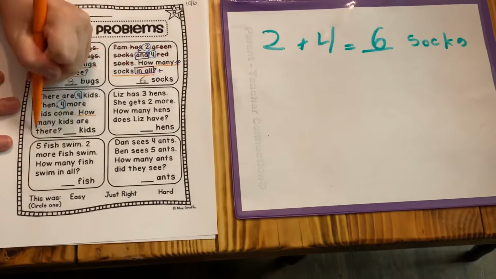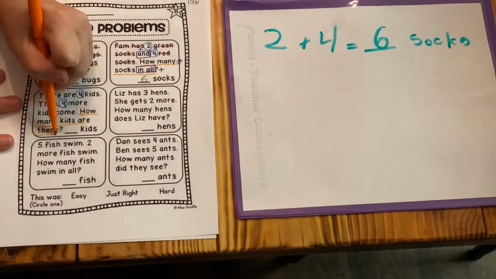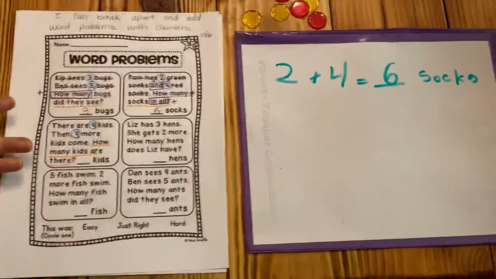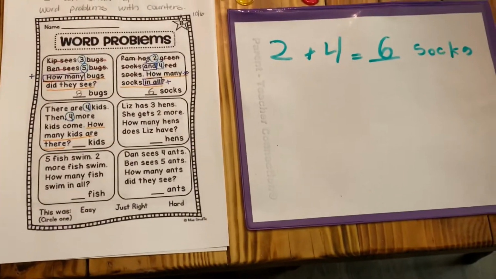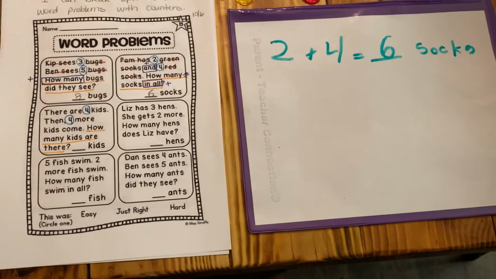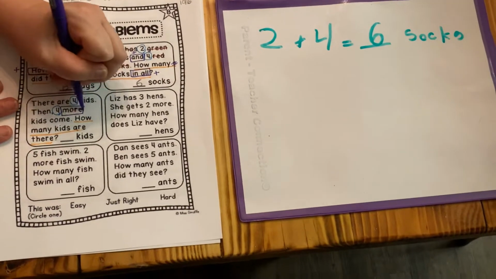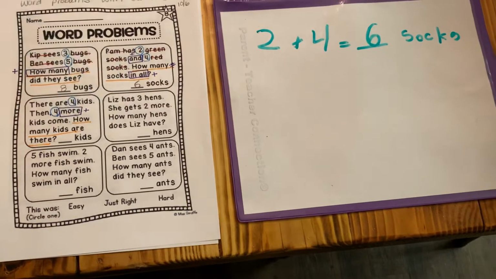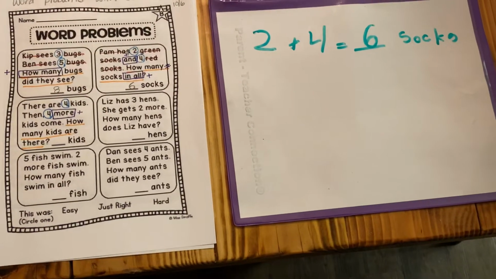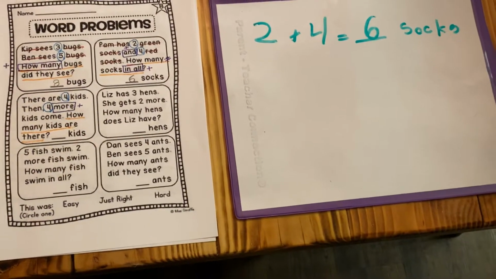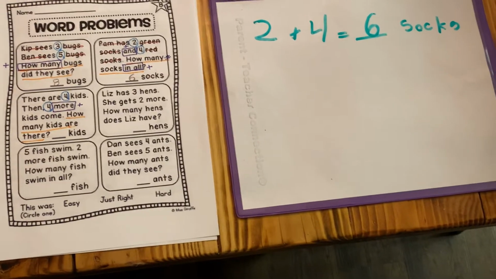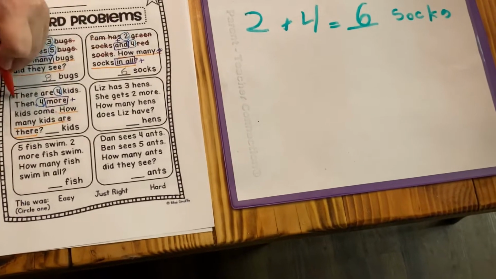Yes, orange. How many kids are there? Remember that how many is my magic word. My math action word, looking at more. More means plus. I'm getting more, so my number's going to get bigger. And I can get rid of all of my junk.